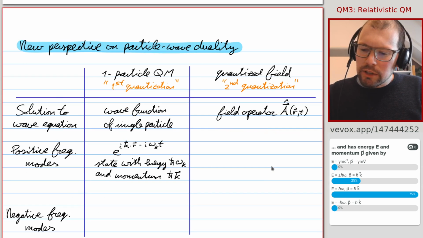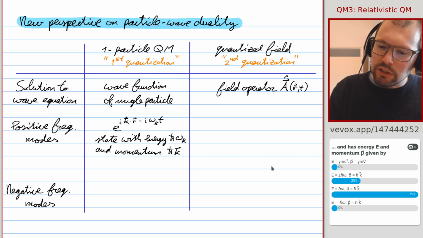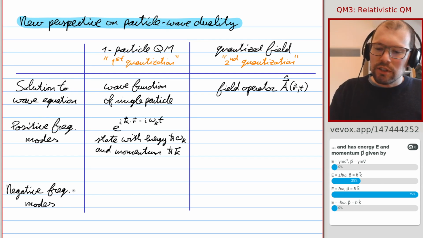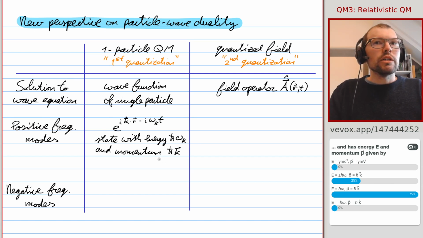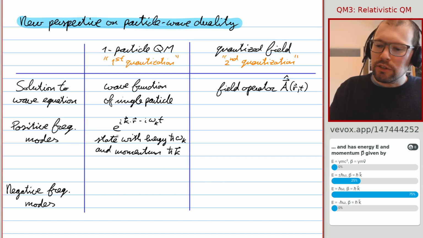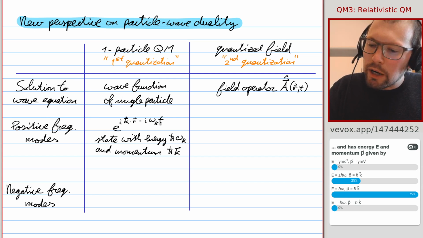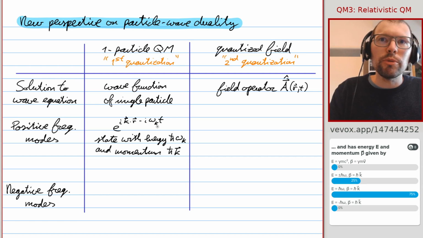Well, in one particle quantum mechanics, we had to make this distinction between positive frequency modes and negative frequency modes. So the positive frequency modes, say for the Klein-Gordon equation, they had a good interpretation. They correspond to these plane waves where in front of the time I have minus i times a positive real number omega k.